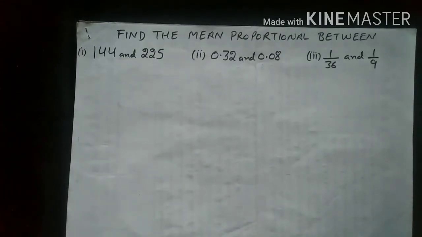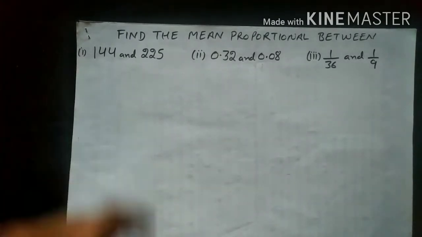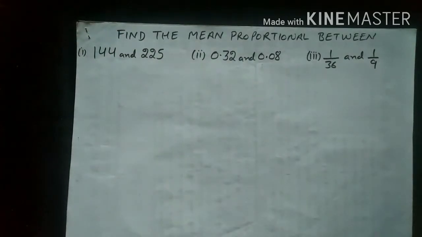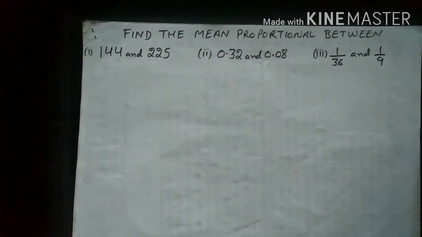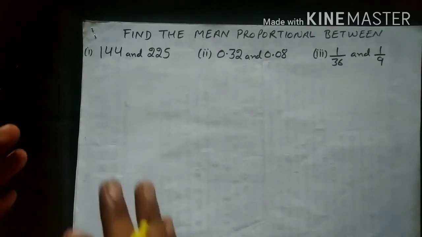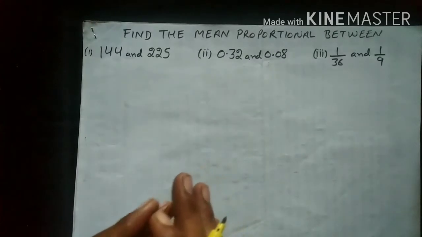Now students, in this video we will learn to find the mean proportion between two given entries. Here the first one is 144 and 225. Now we know in a proportion there are four terms. One pair is the first ratio and the second pair is the second ratio.